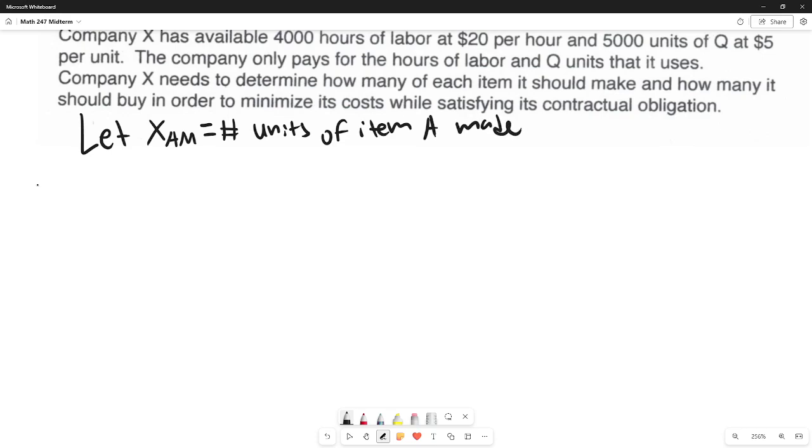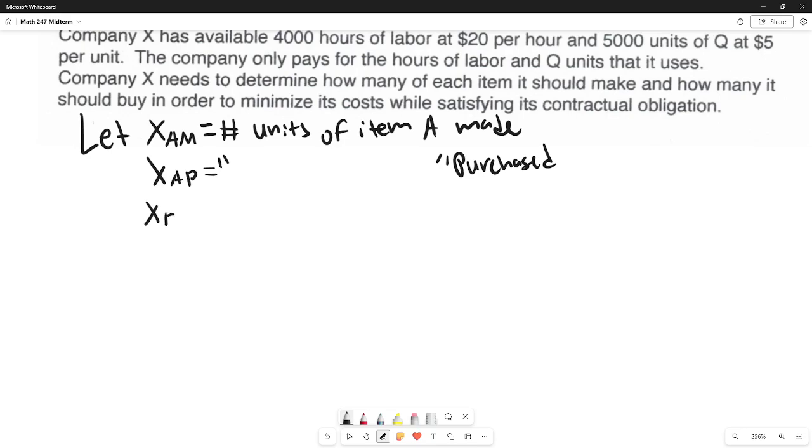You could say manufactured, you could say whatever. And XAP equal, I'll put quotations, purchased. So this is the number of units of item A purchased.